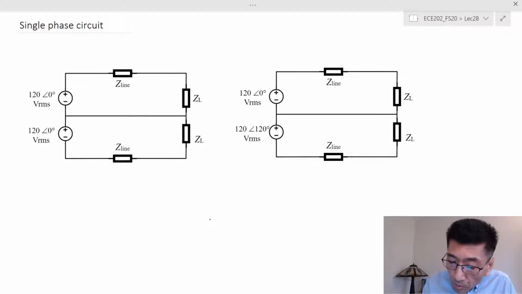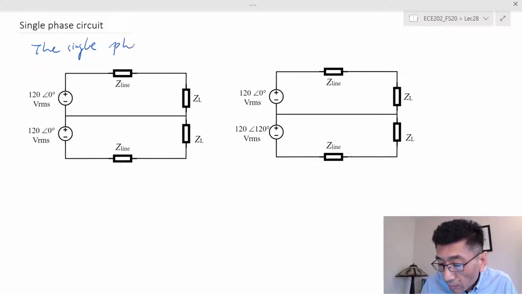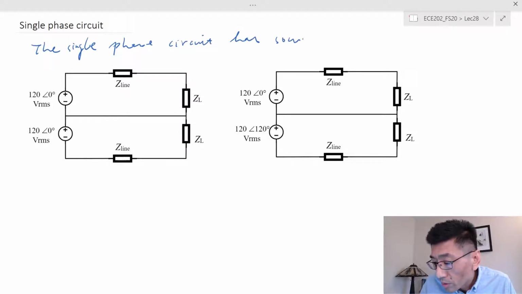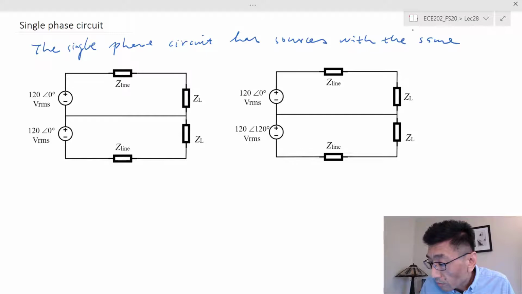For multiple sources, a single-phase circuit has sources with the same frequency and phase angle.